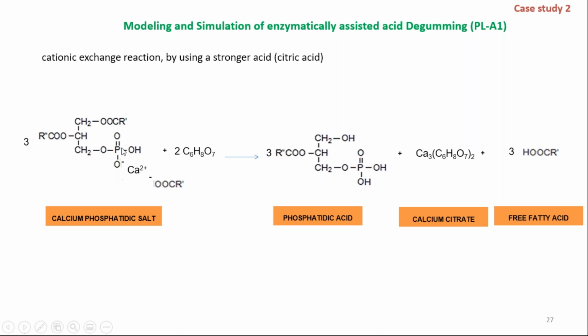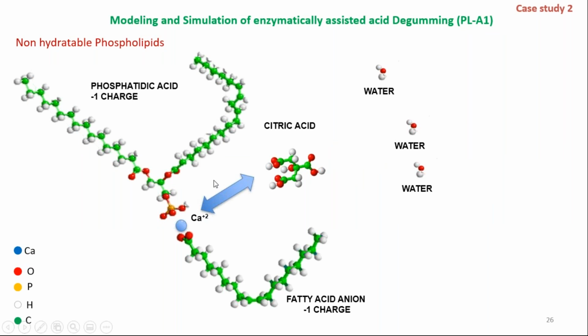In this reaction, 3 molecules of calcium phosphatidic salt react with 2 molecules of citric acid to form 3 free phosphatidic acids, a precipitate of calcium citrate, and 3 free fatty acids. This is the typical reaction when we use citric acid, of course, taking into account this chemical structure.